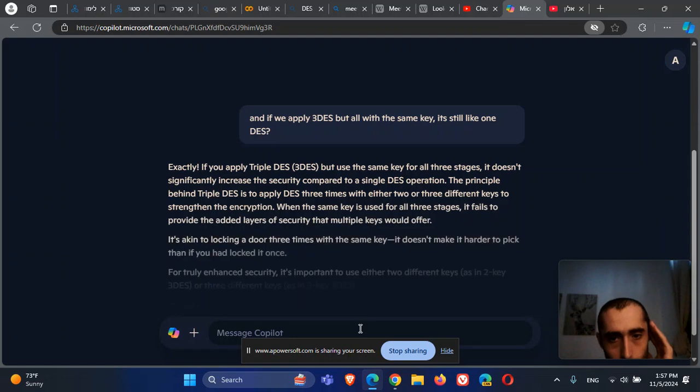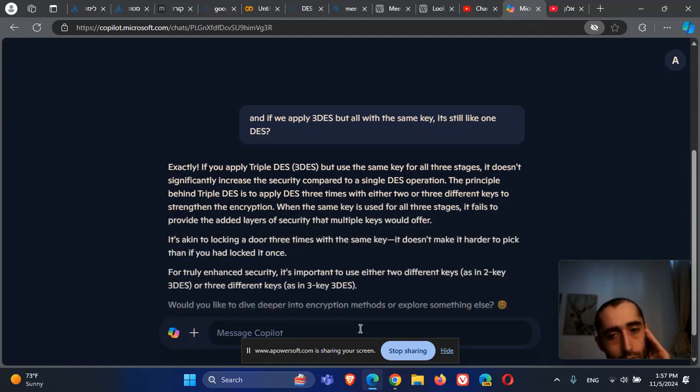Exactly, if you use the same key for all 3 stages, it doesn't significantly improve security compared to single DES. The principle behind triple DES is to apply 2 or 3 different keys. Prove that 3DES with the same key is like 1 DES.